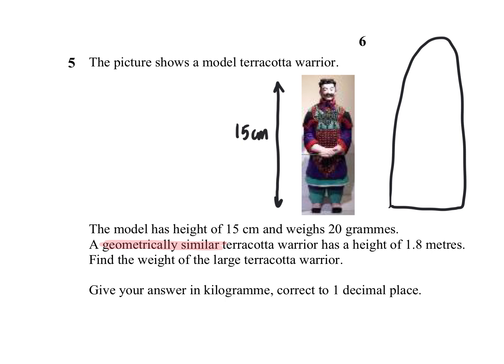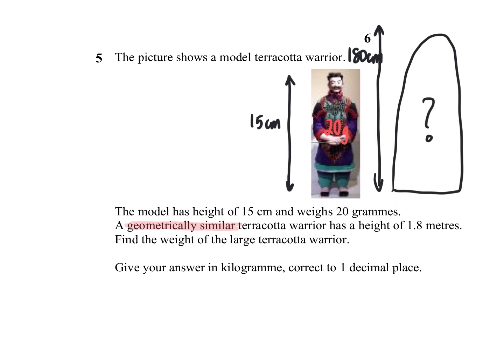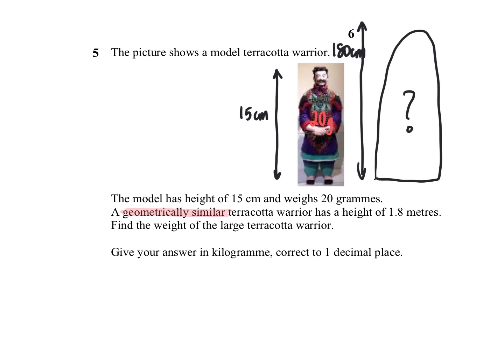The weight, 20 gram only. The real thing is 1.8 meters. So don't get tricked. Change this to 180 cm. And then they ask, can you tell me what is the weight? First thing first, what formula can you use here?